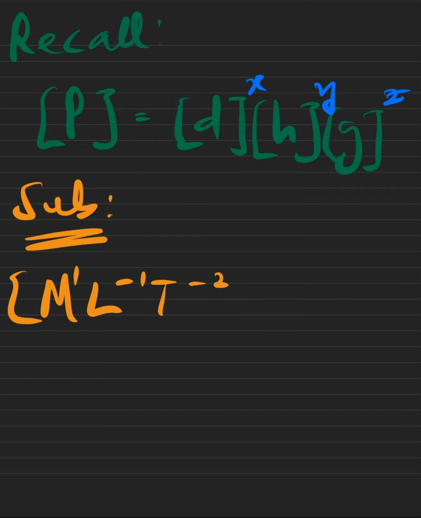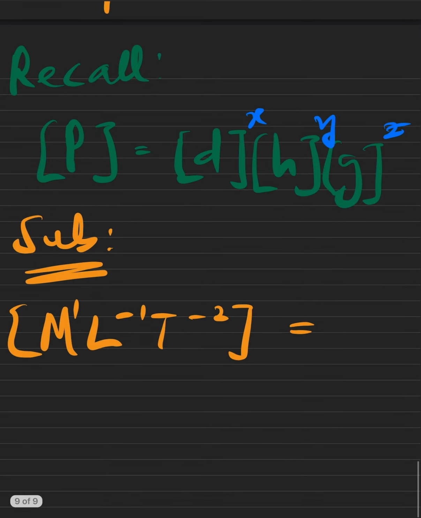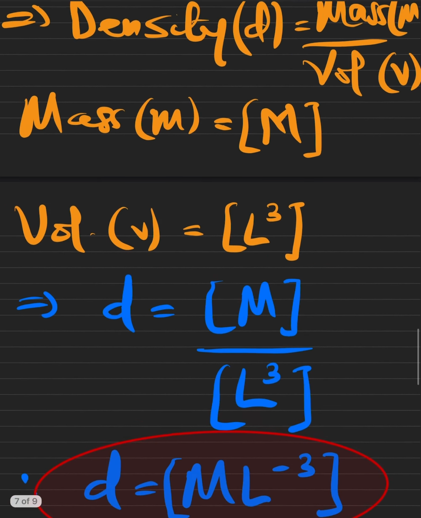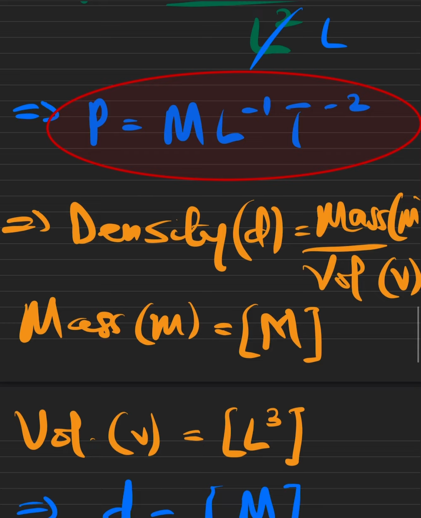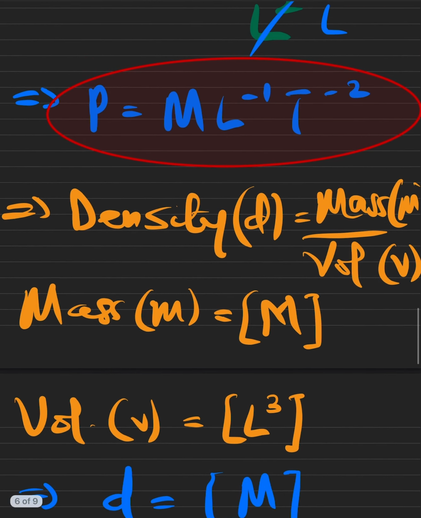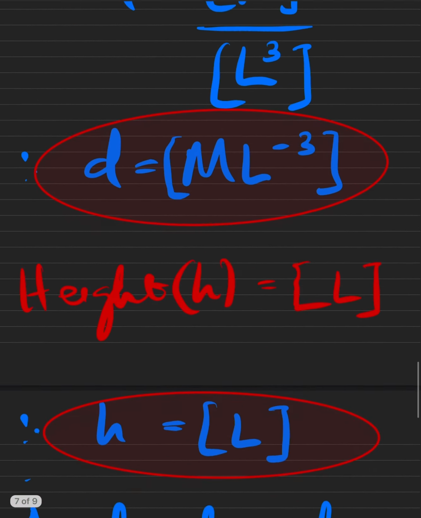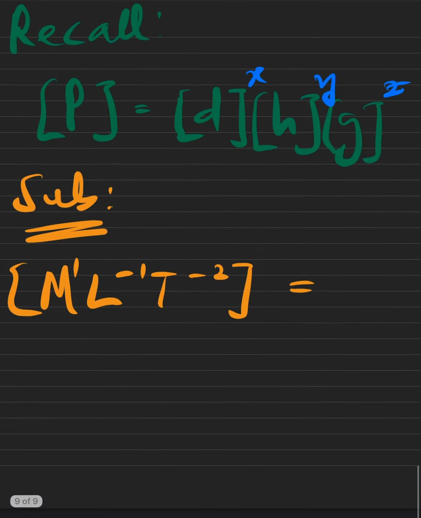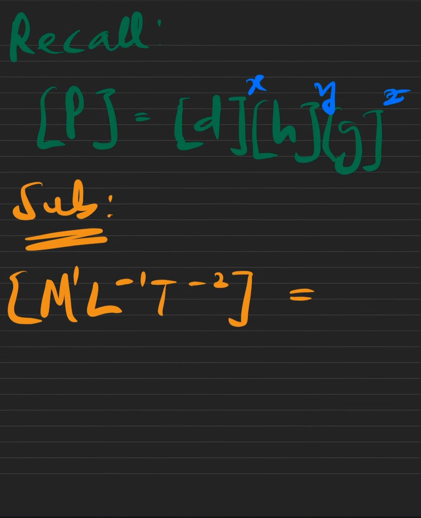So this will be 1, which is going to give us m raised to 1. If you go back and check, I just added 1 here, right? T raised to power minus 2, L raised to power minus 1, right?